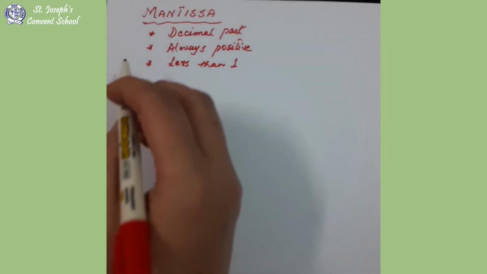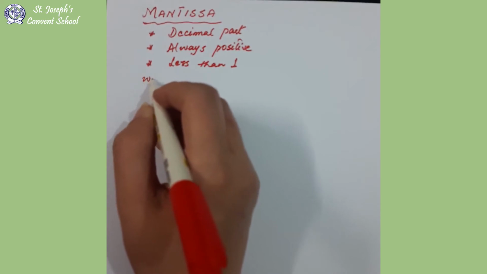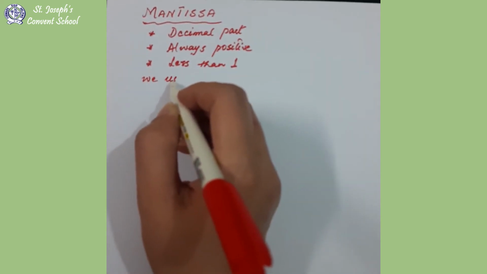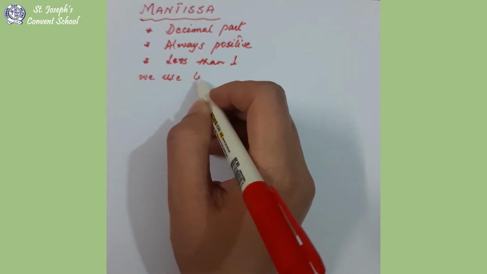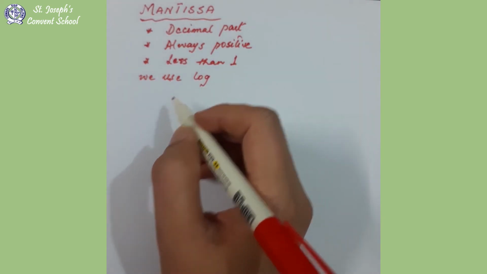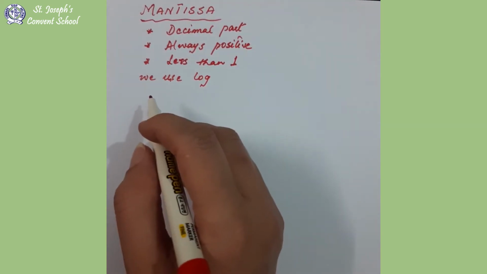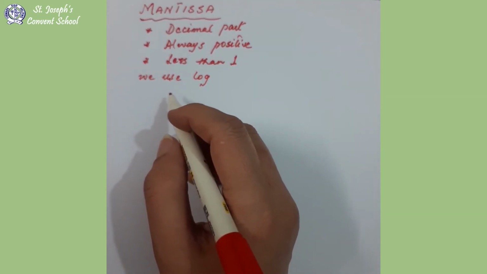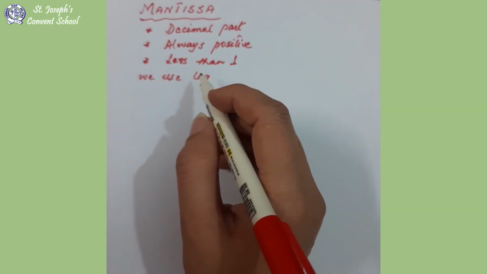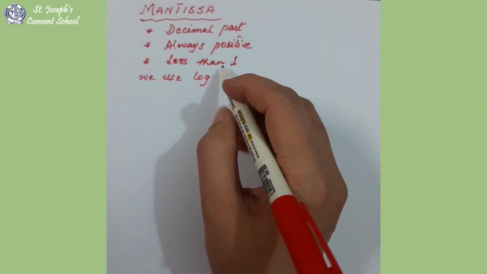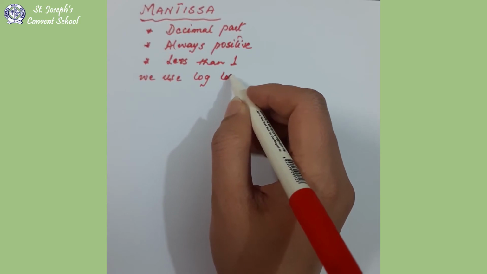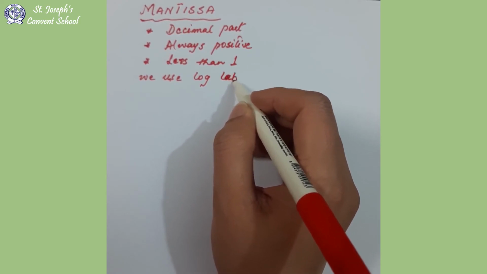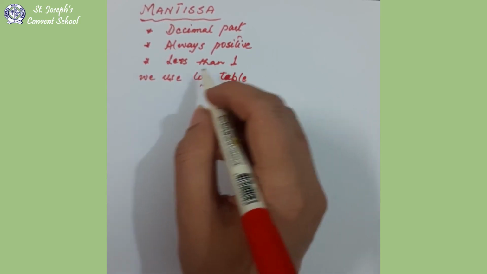And we use the log table. Log or anti-log: if you are finding the logarithm, you will use the log table; if you are finding the anti-logarithm, you will choose the anti-log table. So we use the log table to find the mantissa.